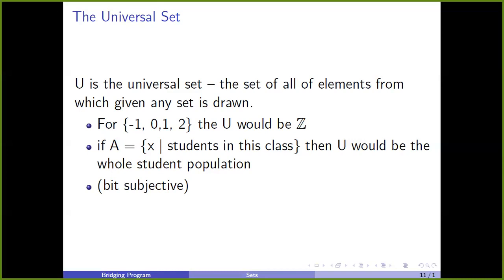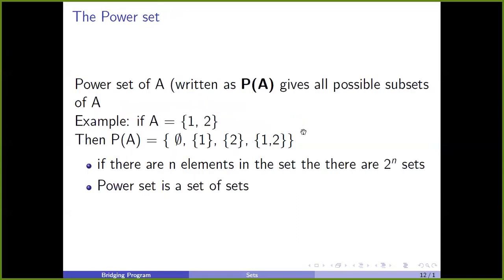Right, so that's the universal set, and then there's another interesting set called the power set. The power set is written as capital P within brackets A, which means the power set of set A. It gives you all the possible subsets. If I have n elements, I can have 2 to the power n subsets.